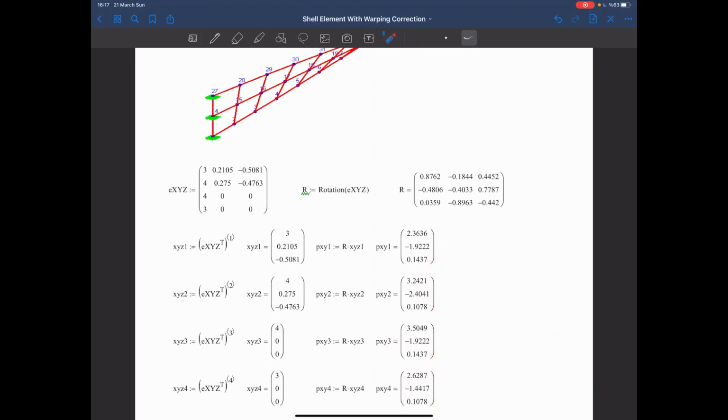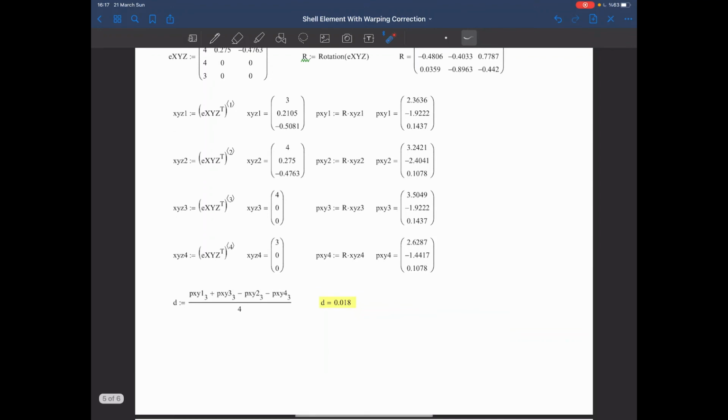Remember that these coordinates are the distance to the mid projected flat plane, and their distance is calculated with this formula, and I obtain the eccentricity. The distance to the mid projected flat plane is equal to 0.018.